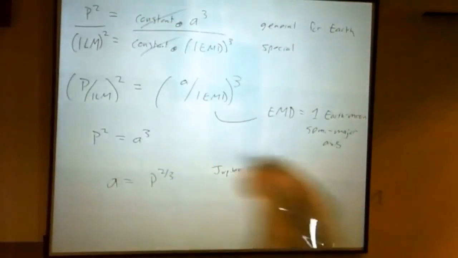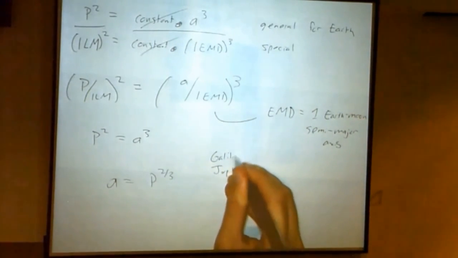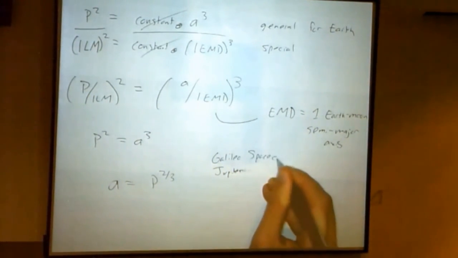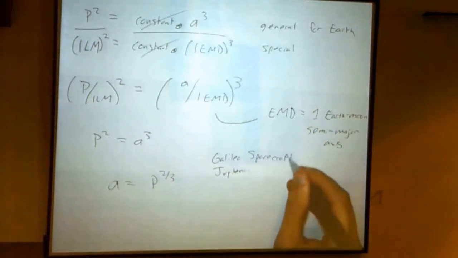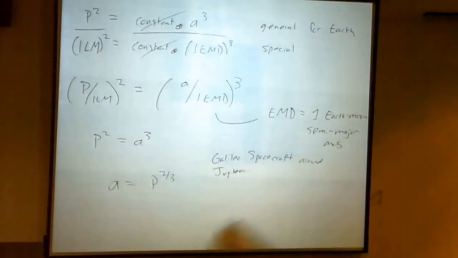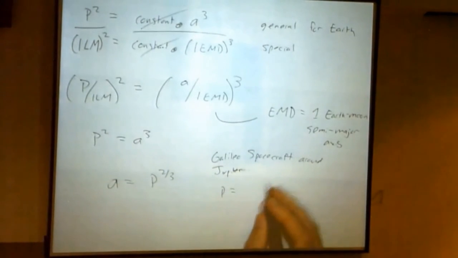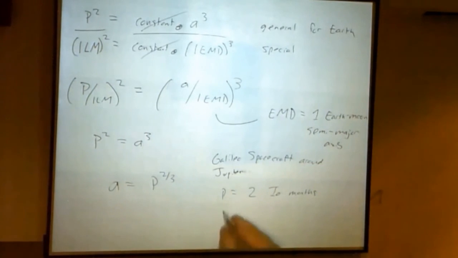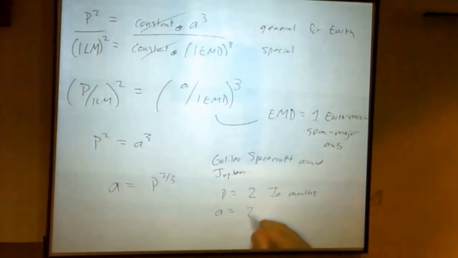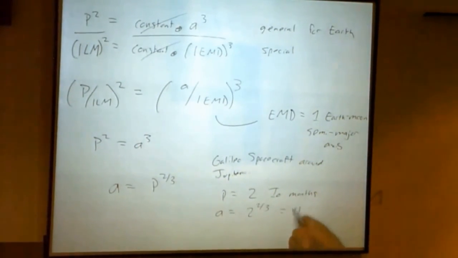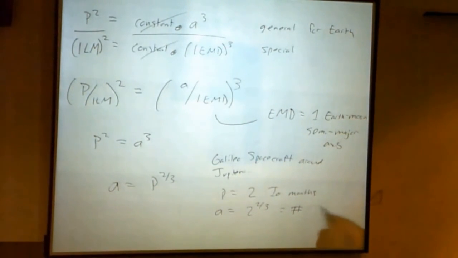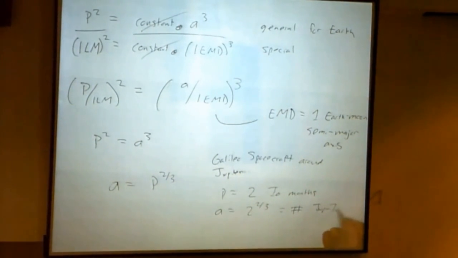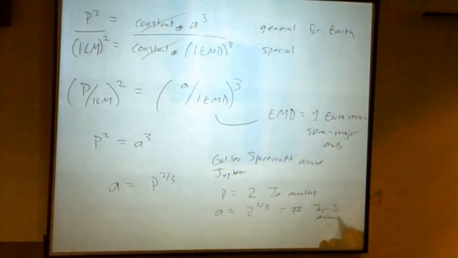Let's say we talk about the Galileo spacecraft going around Jupiter, and I say its period is 2 Io months. Well, how far is it from Jupiter? It's 2 to the 2/3, whatever that is, some number measured in Jupiter-Io distances. So, as long as everything's in the right units, the mathematics is very simple.